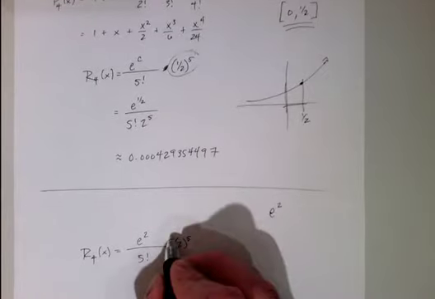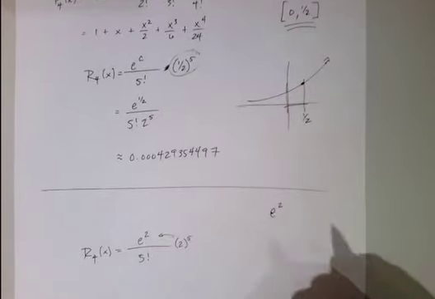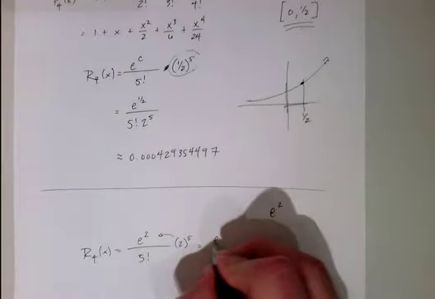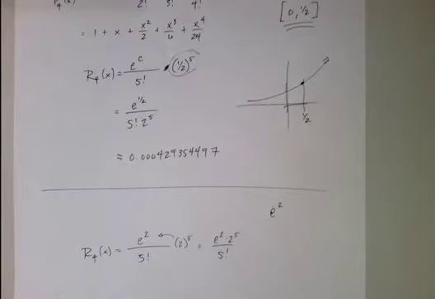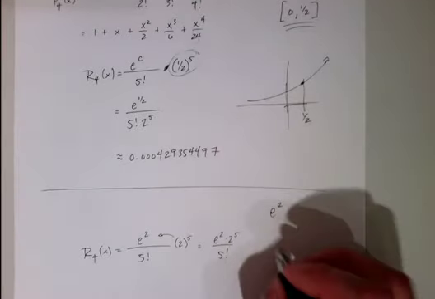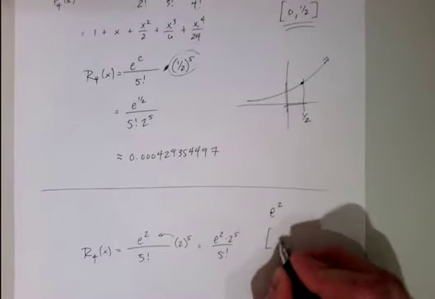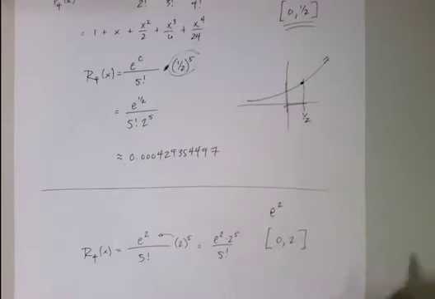That 2 to the 5th is now hopping up here in the numerator, so it's e squared times 2 to the 5th over 5 factorial. That's going to be a completely different, much larger error, because it's now an interval not from 0 to 1/2, but from 0 to 2, and I've already told you that the farther you get away from the centering, the greater the error is going to be.